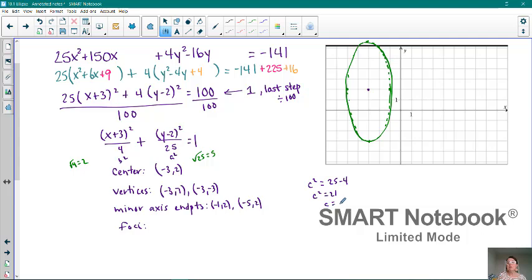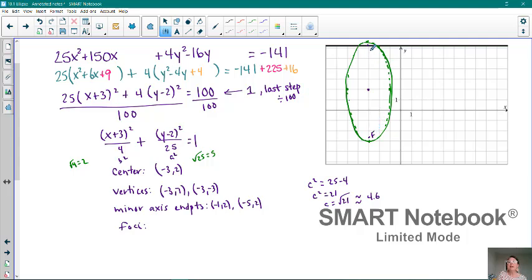C is equal to the square root of 21, which is about 4.6. It's very similar to our last ellipse. So I'll go up 1, 2, 3, 4.6, down 1, 2, 3, 4.6.